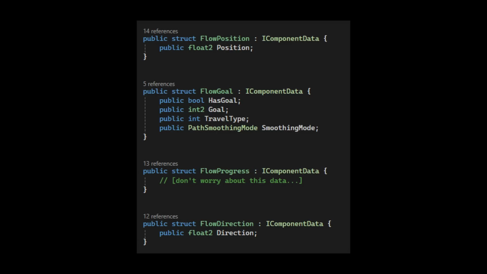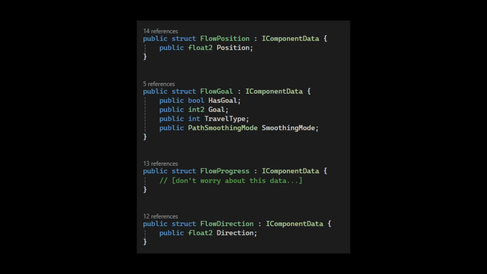Then you've got to create some agents, and you do this by creating another entity for each agent that has these 4 components: a flow position, a flow goal, a flow progress, and a flow direction. You have to update the flow position each time your agent moves. This is how the Pathfinder knows where your agent currently is. And you have to update the flow goal each time your agent chooses a new destination.